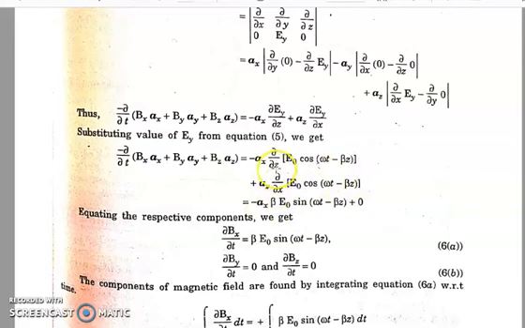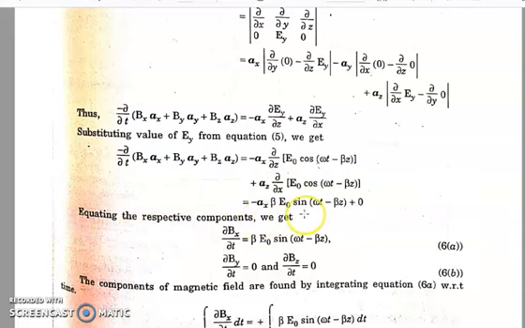Upon solving, in the second term there is no x component, because E naught cos of omega t minus beta z only varies with z. Therefore the differentiation with respect to x gives you the value 0. Hence the answer we get here is minus ax beta E naught, cos is converted into sine, that is sine of omega t minus beta z, plus 0, because the second term has no x component.